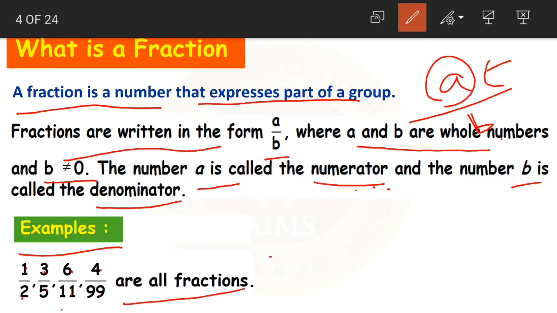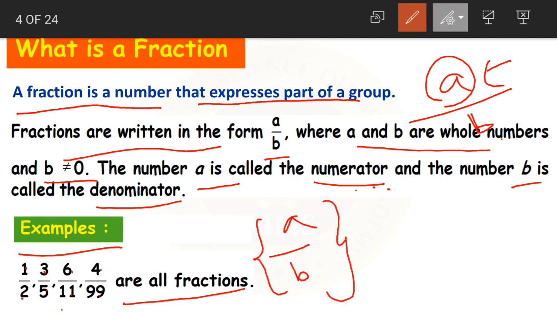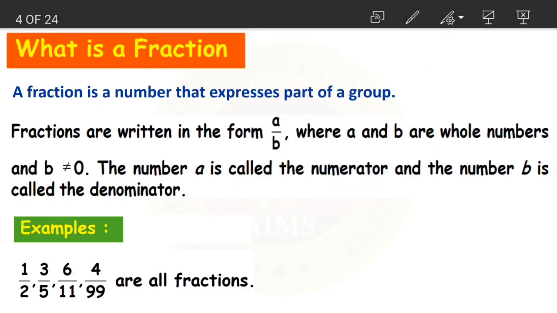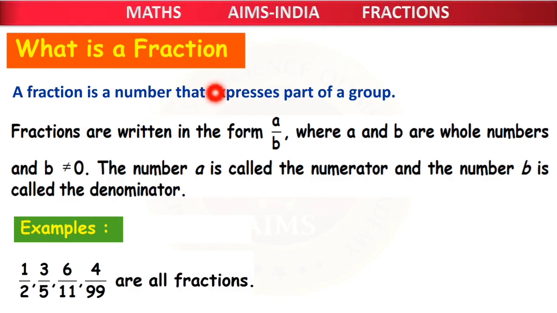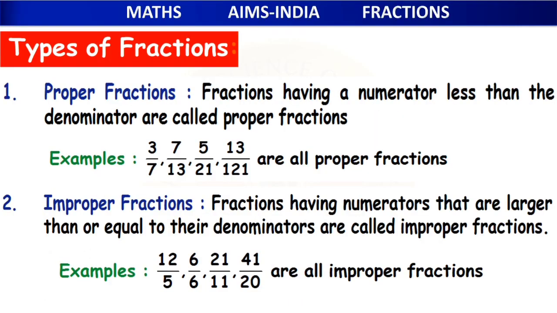Any number which is in the form of A by B becomes a fraction. Okay students, clear? A fraction is a number that expresses a part of a group. 1 by 2, 3 by 5, 6 by 11, 4 by 99 are all fractions.